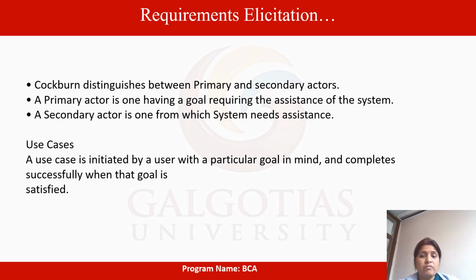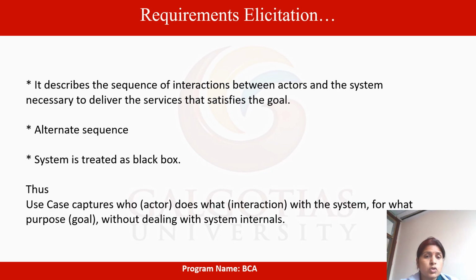So primary gives assistance to the system, and secondary is an actor from which the system needs assistance. A use case is initiated by a user with a particular goal in mind and completes successfully when the goal is satisfied. So it describes the sequence of interaction between actors and the system necessary to deliver the services that satisfy the goal. Alternate sequences also exist.